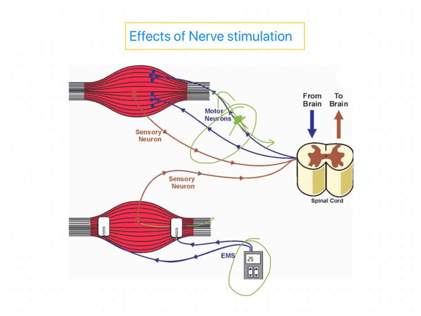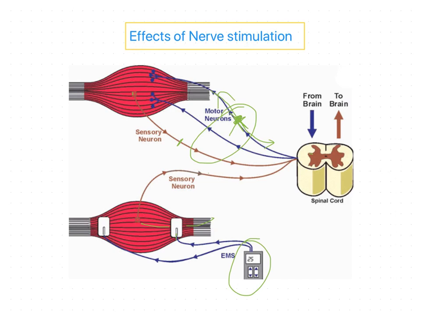It has some effect if you are stimulating a sensory nerve or a motor nerve. When a sensory nerve is stimulated, for example, this is the sensory nerve, it takes impulses from the muscle to the spinal cord, isn't it?